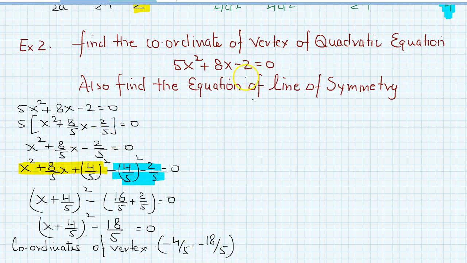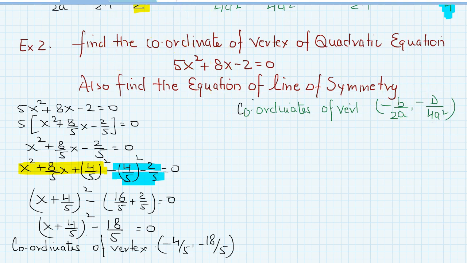Now let's try to use the formula. As we told, the formula for the coordinates of vertex is minus b over 2a and minus d over 4a square.